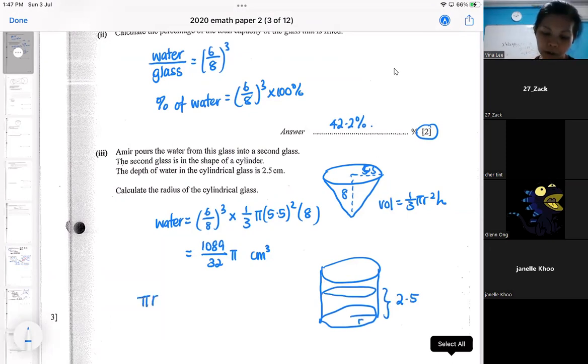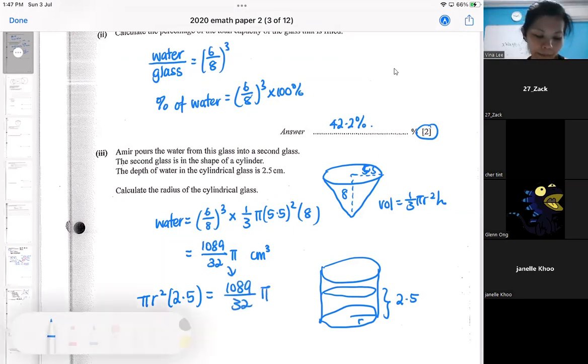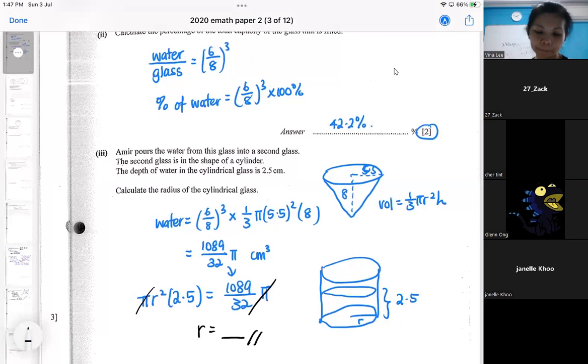So pi r square height is equal to this amount of water. The reason why you keep it in pi is so that you can do the cancellation. And then you work out your R. So this question marries the volume ratio, and also marries a bit of mensuration, the volume.